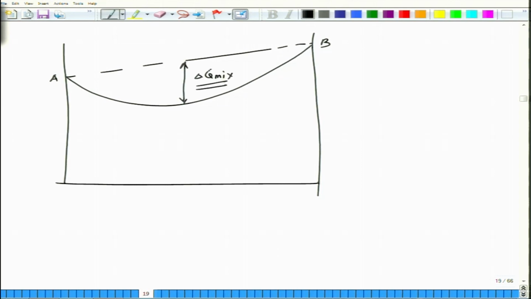This delta G mix, that is the reduction in the free energy, is what makes the solution stable. As you increase the temperature, this will further go down. I am keeping this as a constant point, but even this point will shift downwards. So with increasing temperature, the mixing is preferred and the free energy of mixing is even lower.